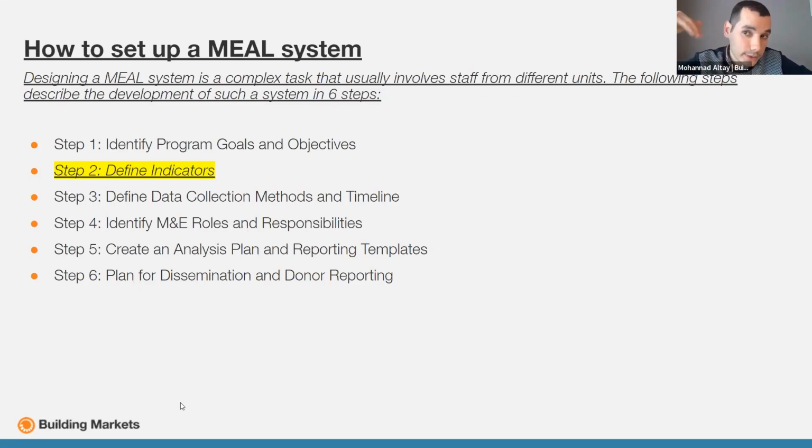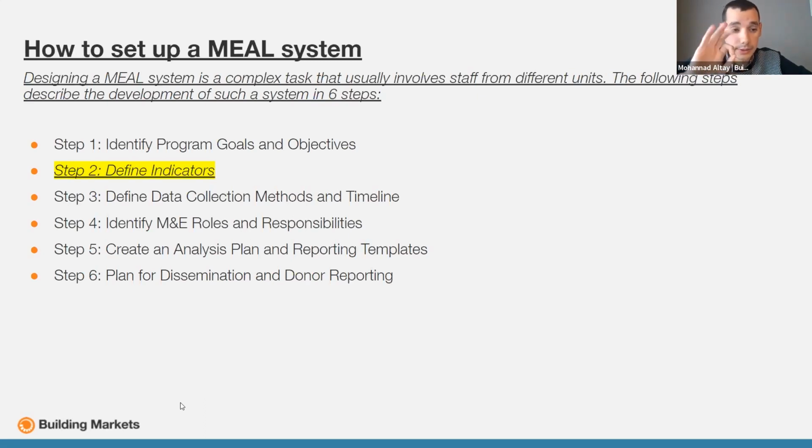But it is important to make sure that each service or each activity also has well-defined indicators, because the indicators are not related only to the project all in all. They are related to the project and to the different services as well.